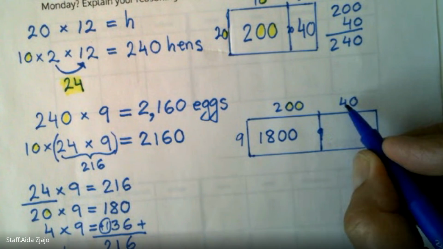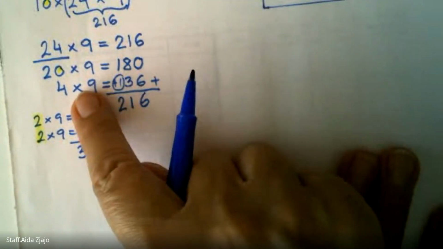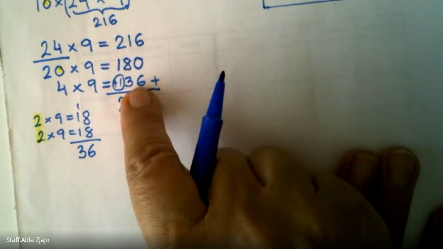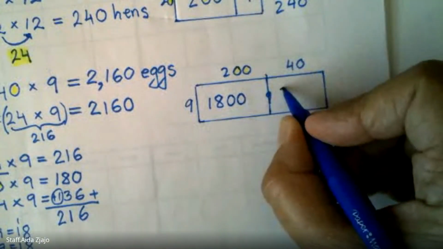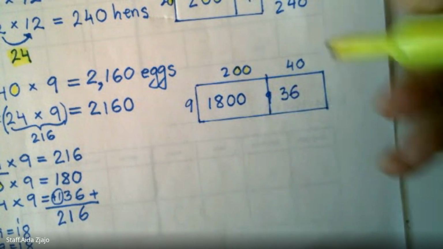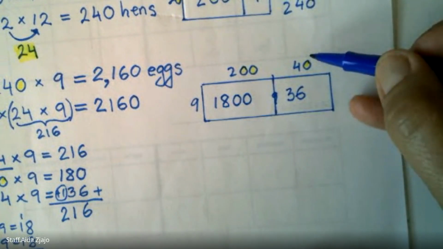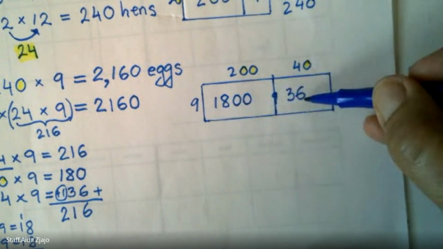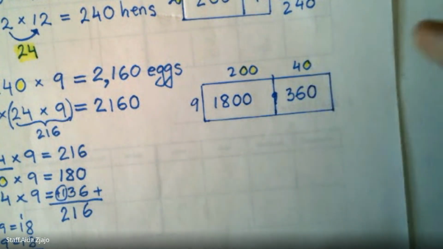Also, 4 times 9 is 36, and this is 40, so 4 times 10, correct? So 4 times 9 is 36, times 10 is 360.